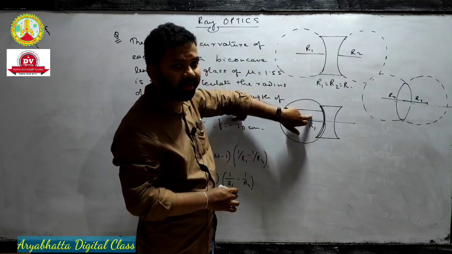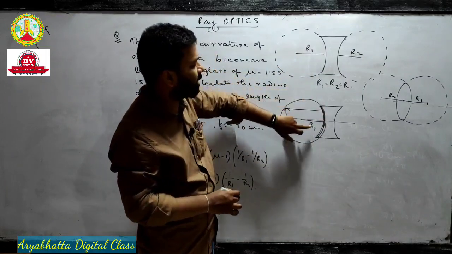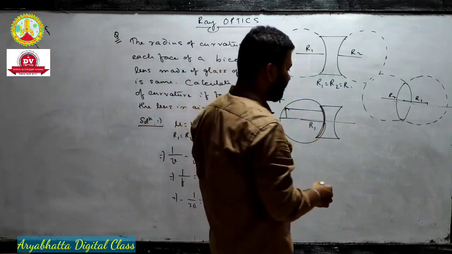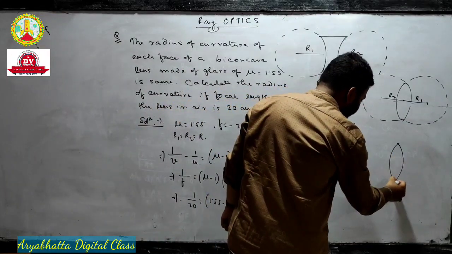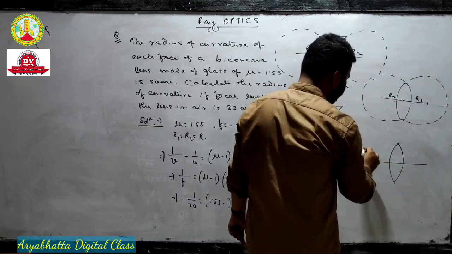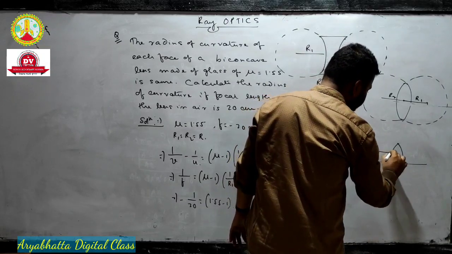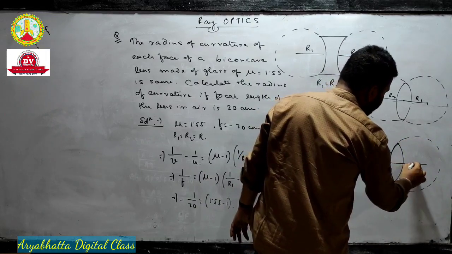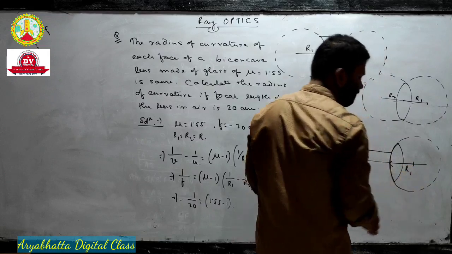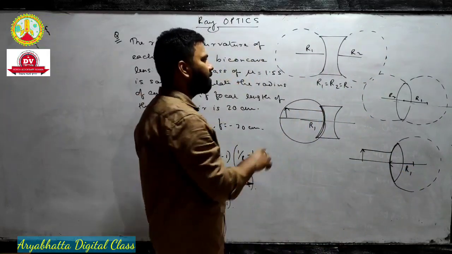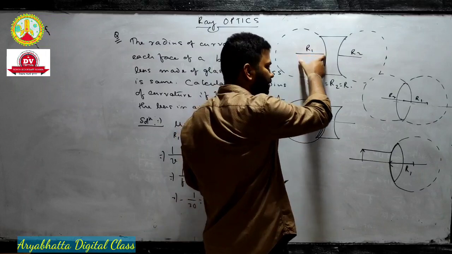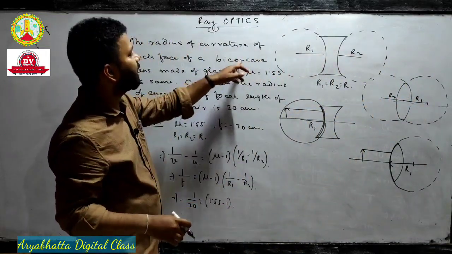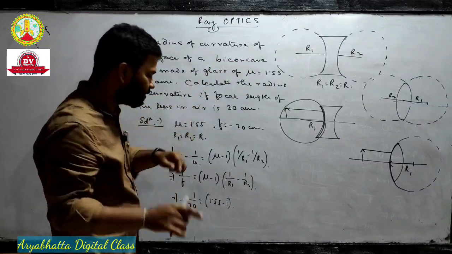The surface which the ray strikes first, its radius will be considered as R1, and the other one will be called R2. But if you consider a convex lens, then if you keep the object here, the light ray will first strike this surface. So complete the sphere, and this one will now be called R1. Okay? Be careful. For a concave lens, this is the R1. For a convex lens, this is the R1. Because if the question changes to biconvex, then all the calculations will be different.